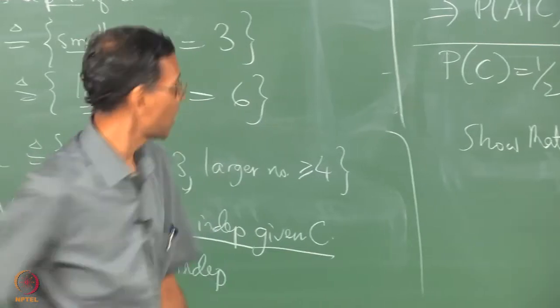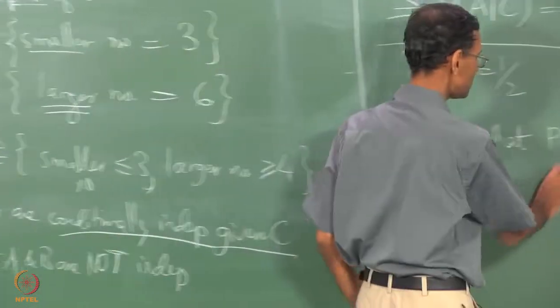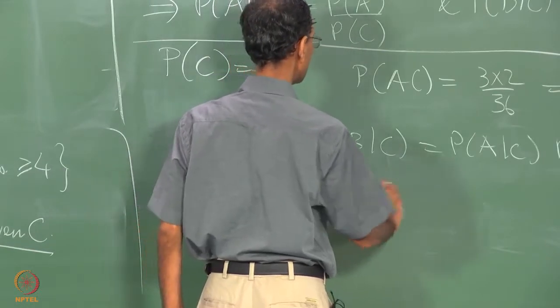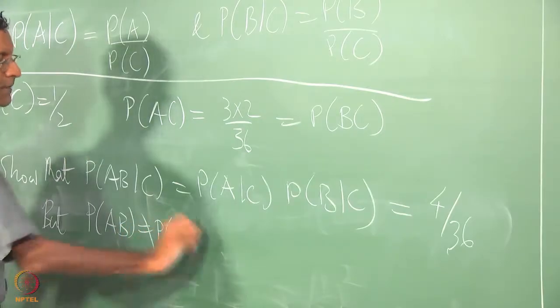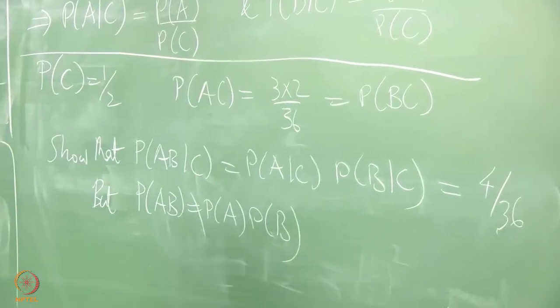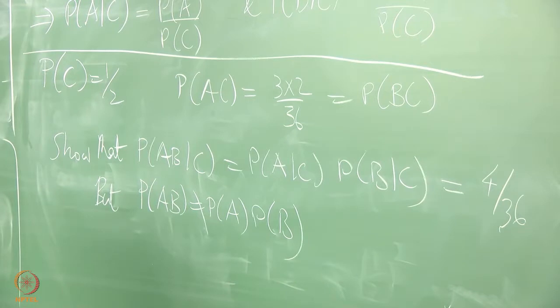But P of AB is not equal to P of A into P of B. I am not going to spend more time on this, but this is what I want you to show by yourselves, you are perfectly capable of doing it. So you would require all of these things.